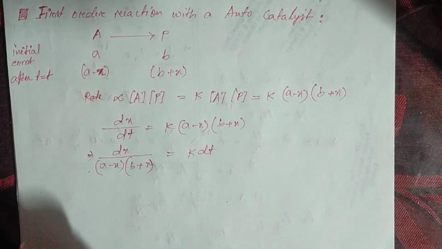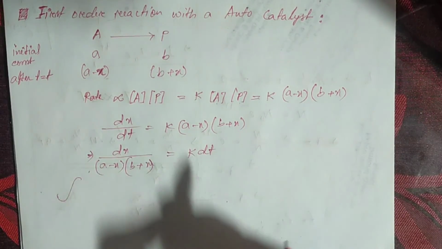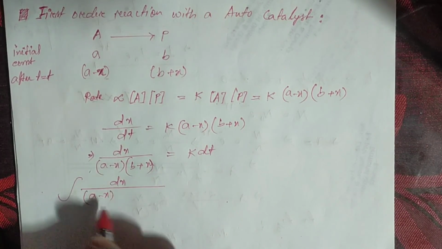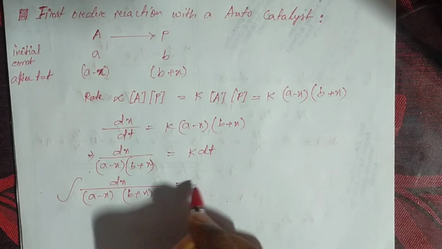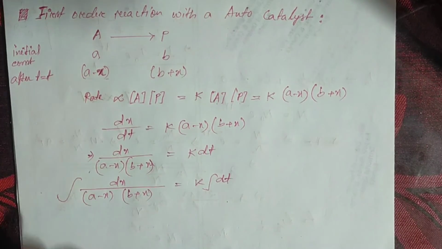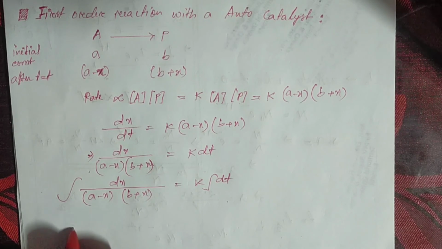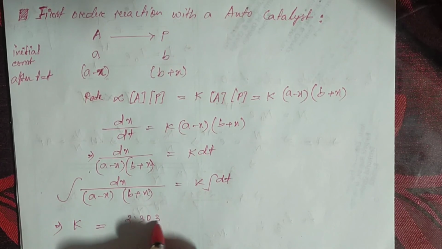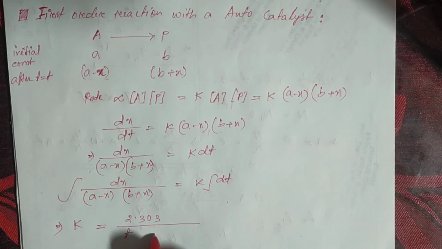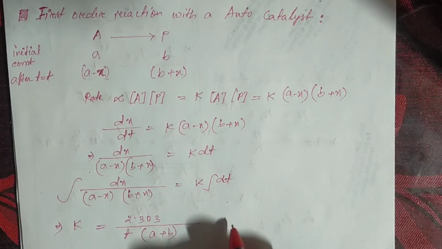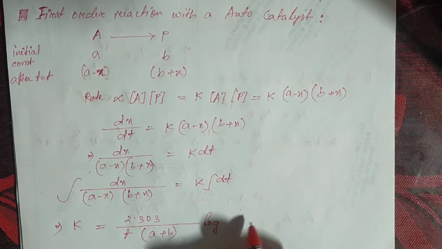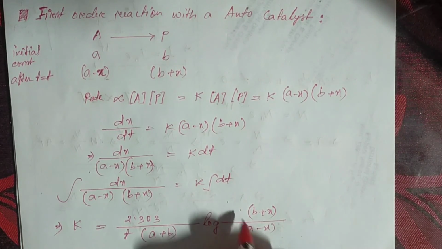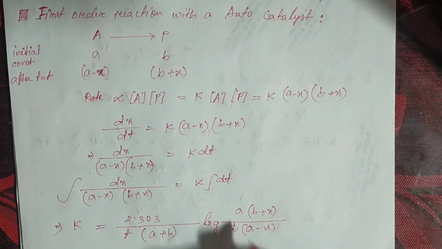So when we integrate this equation, dx by A minus x B plus x is equal to K dt, we will find K is equal to 2.303 divided by t A plus B log B plus x by A minus x, here it will be A and it will be B.